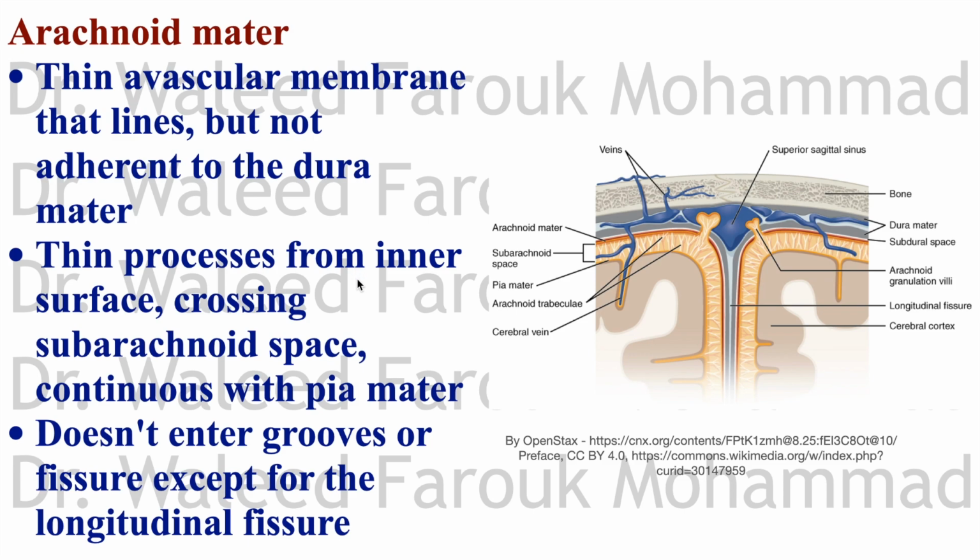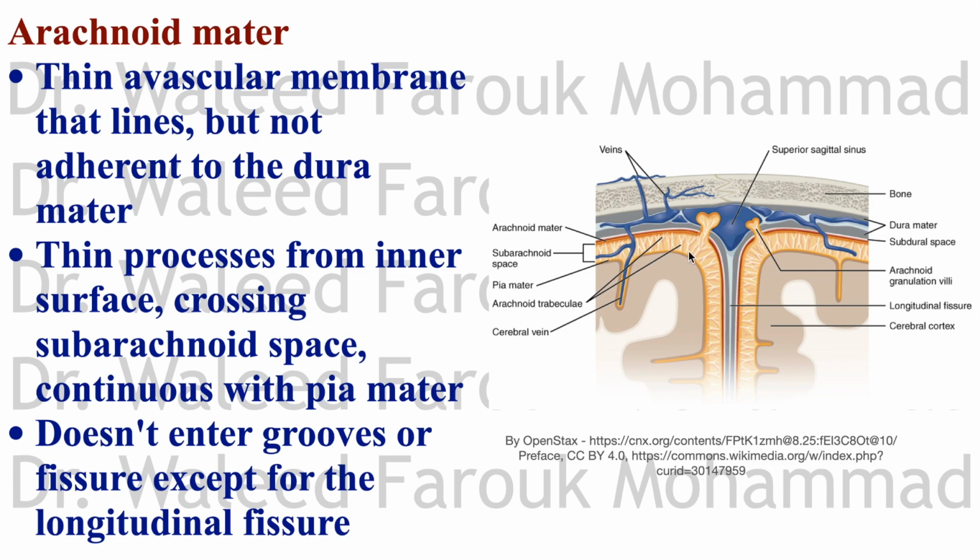The arachnoid mater is a thin avascular membrane. It covers the brain but doesn't go through the sulci, except in the interhemispheric fissure.